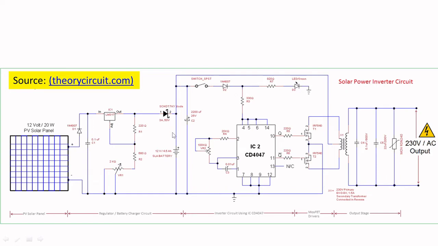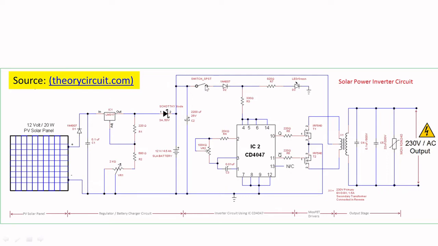So the battery is not directly connected with your regulator, right? It is passed via the Schottky diode. You can see this line which is not connected initially. When you want to switch on your inverter circuit, when the power is switched off, at that time this will be connected.